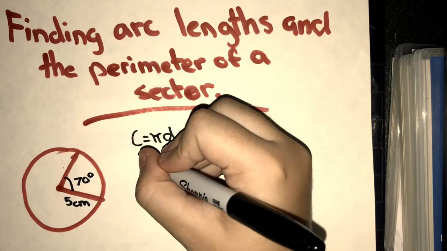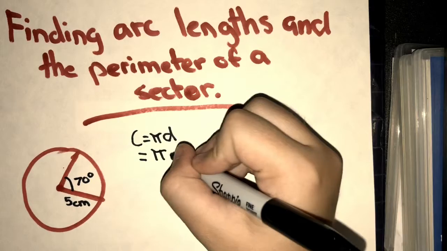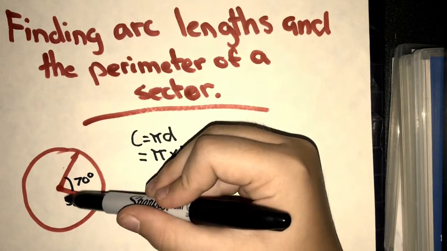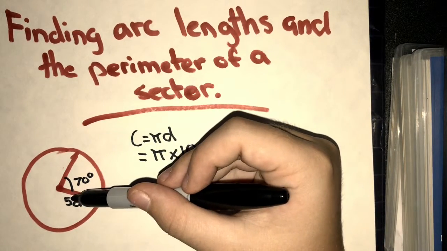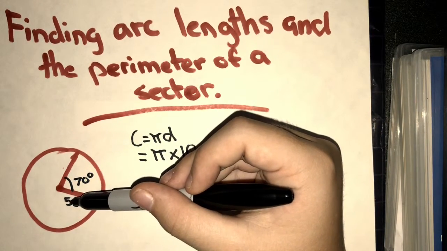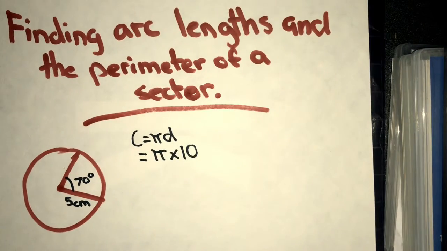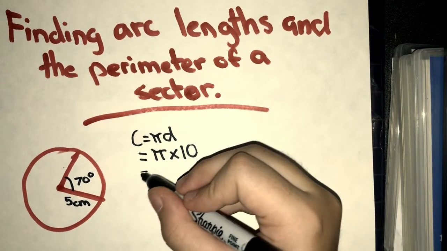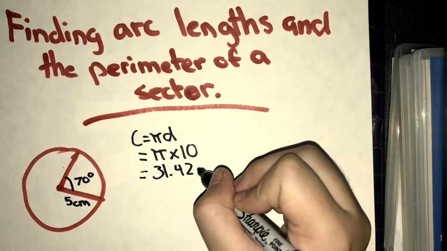That equals pi times 10, because to find the diameter of a circle you have to times the radius by 2, and if the radius is 5, times 2 equals 10. When you times these two together, that equals 31.42 centimeters.